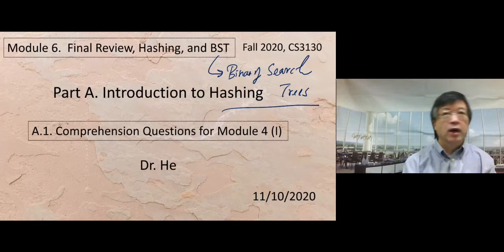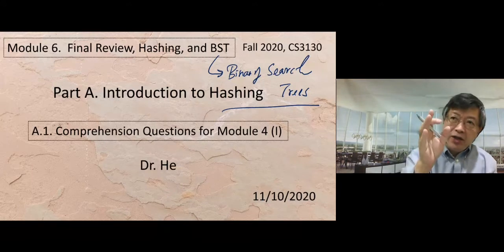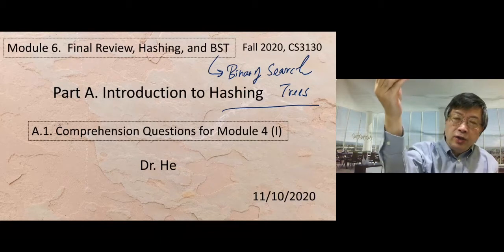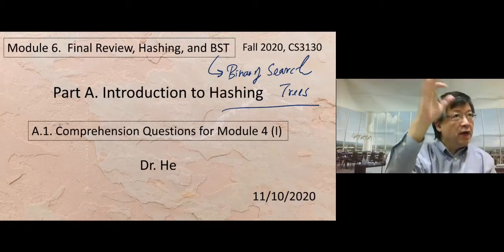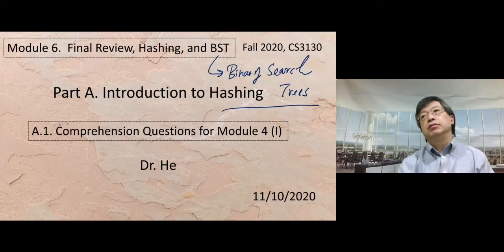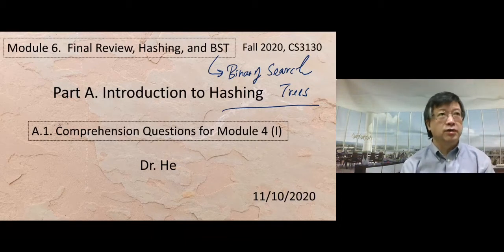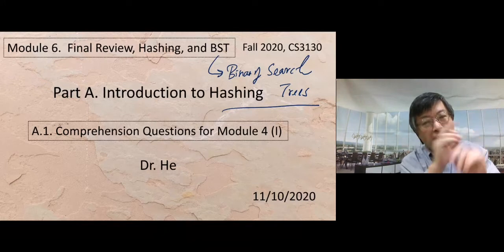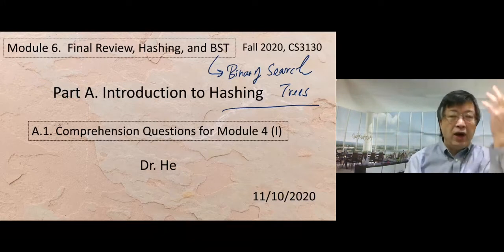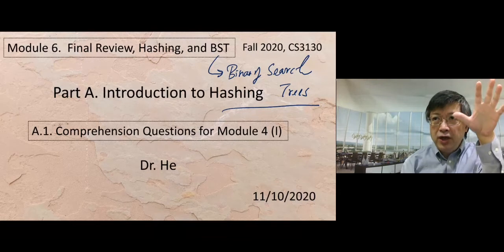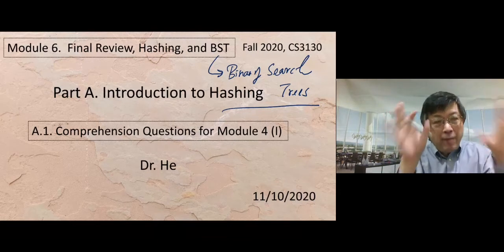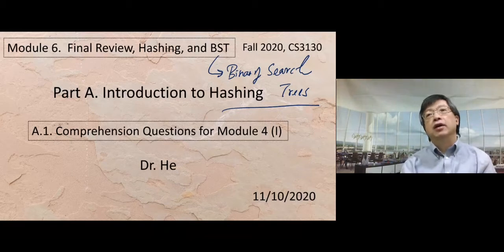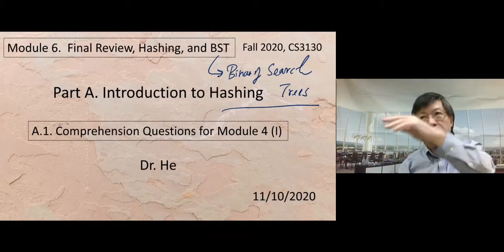Another reason is you have a chance to take another quiz 6, so that you can drop your 2 lowest quiz scores. That's the reason we have a little more new material. But I'll say it once more: that part is not covered in the final. Final only covers module 4 and module 5.